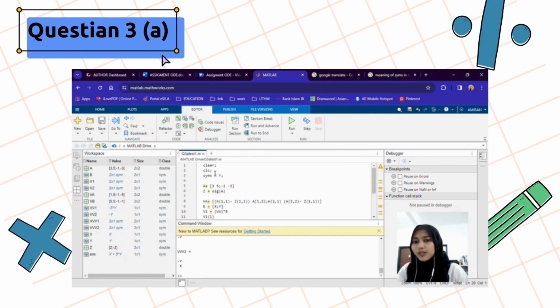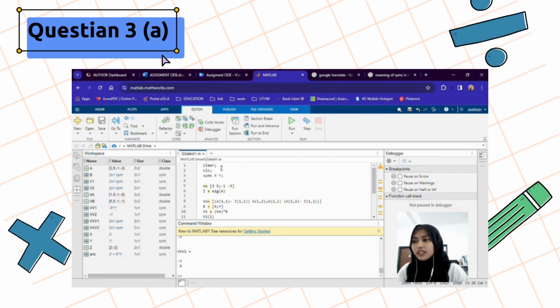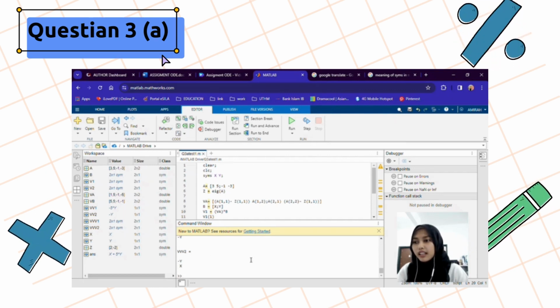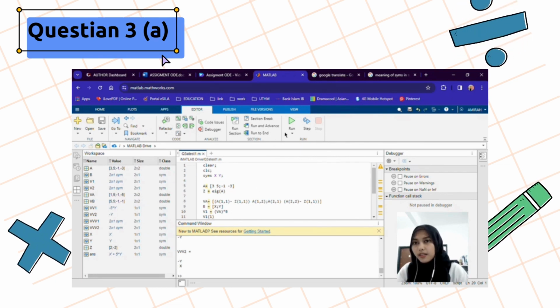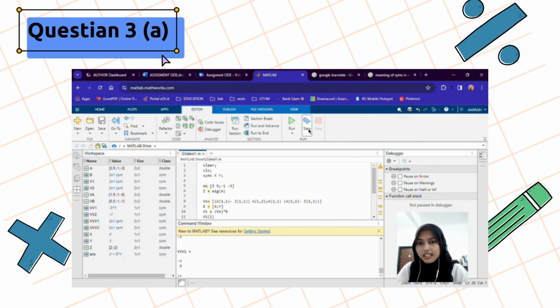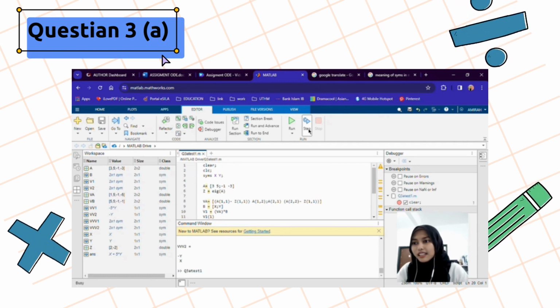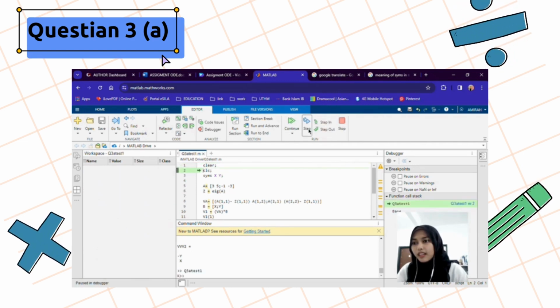Okay, so for this, I'm going to write clear and clc, which is this code is to clear the workspace and the command window for the new simulation. So it's clear right here.